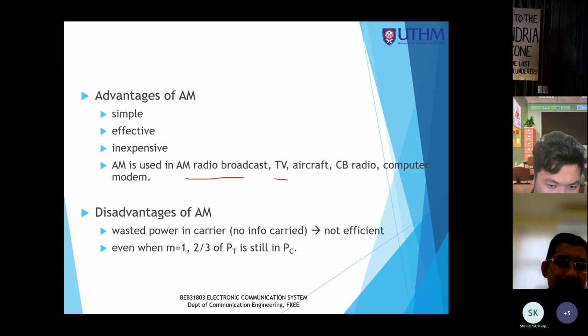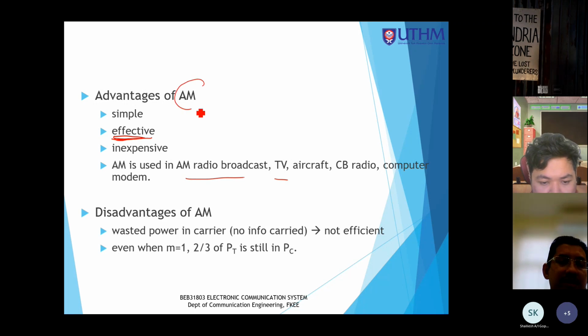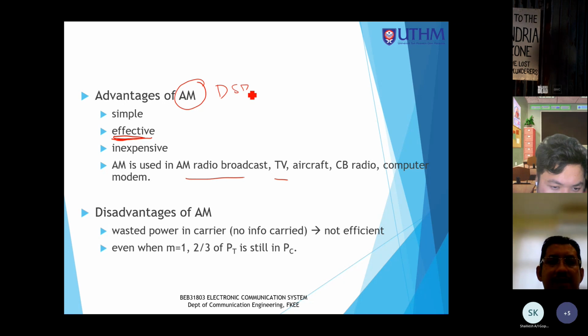So efektif ni lebih kepada proses menghasilkan signal production. So process to produce a signal for transmission. And dia efektif tetapi dari segi kualitinya mungkin tidak begitu baik berbanding dengan FM dan juga PM. And this AM, remember perkataan AM sebenarnya dia merujuk kepada double sideband full carrier. Okay, remember kalau AM dia merujuk kepada double sideband full carrier.